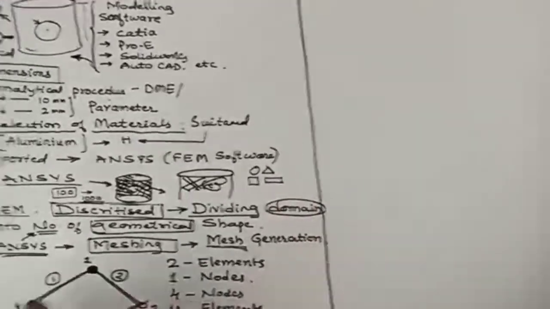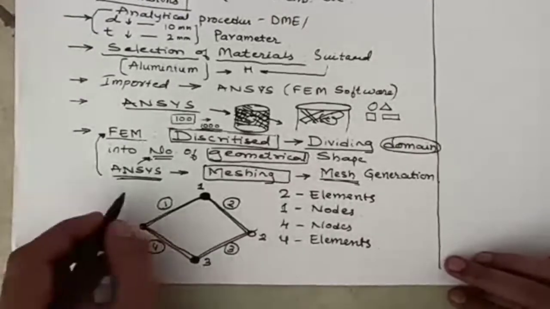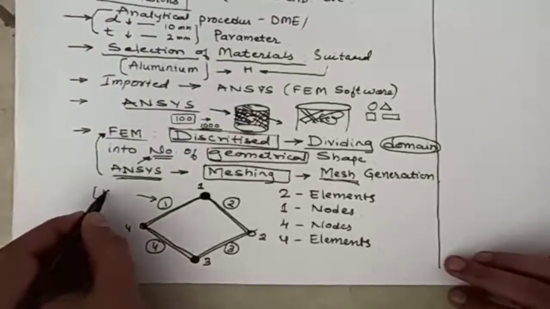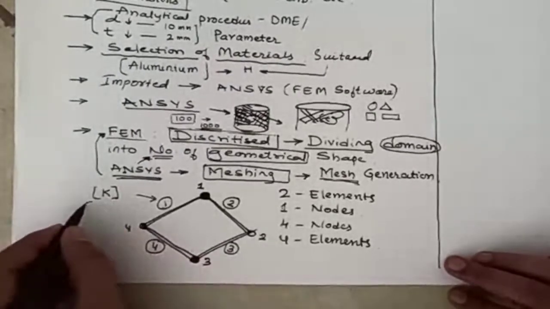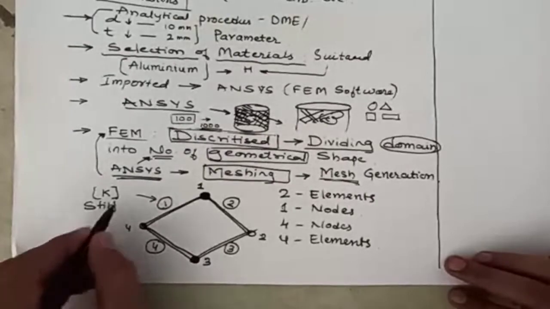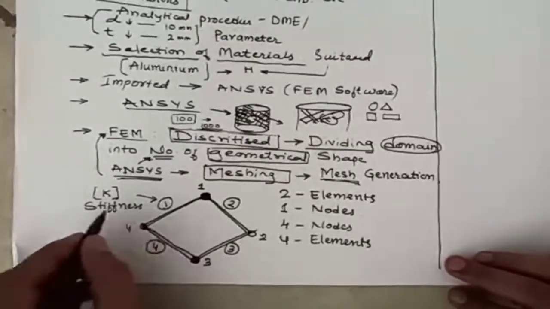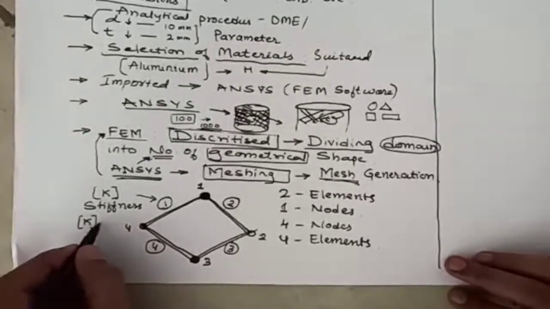Okay, so once these elements are formed, for each element you need to calculate the stiffness matrix, that is K. K is the stiffness. Stiffness is nothing but the rigidity of the material. K is equal to what?